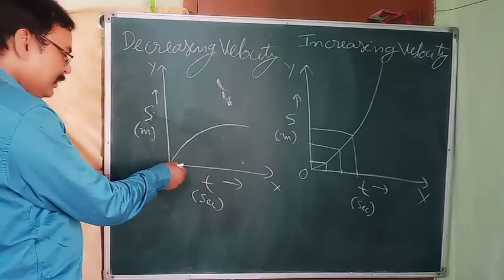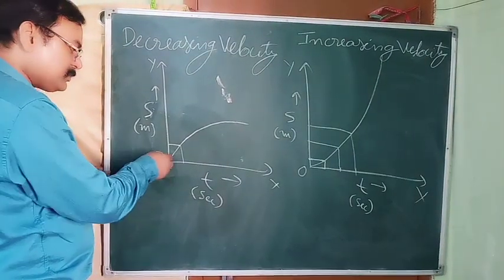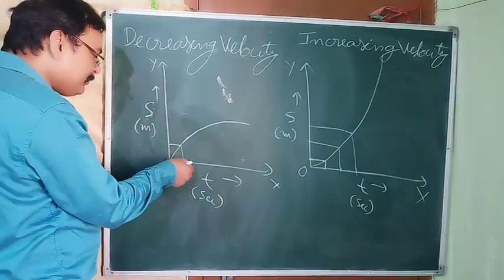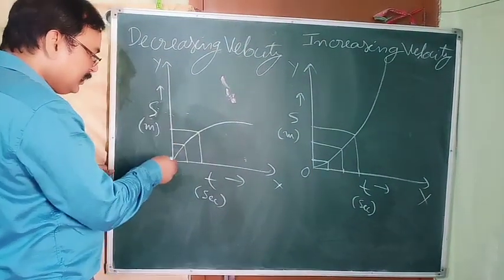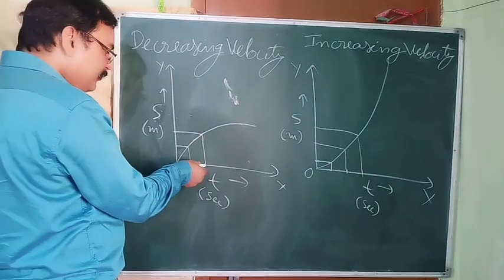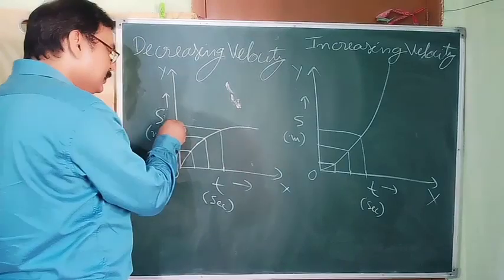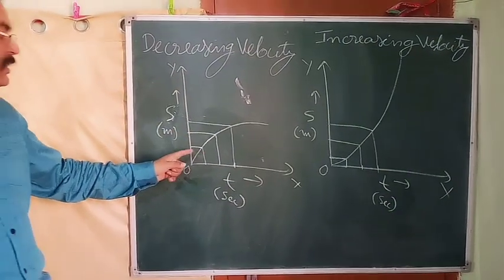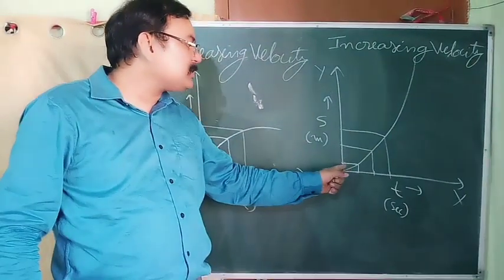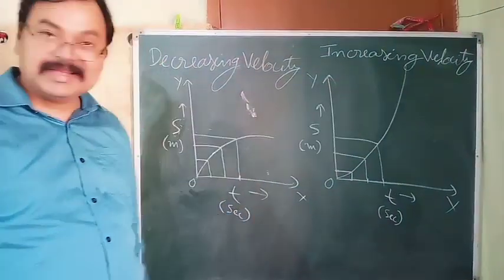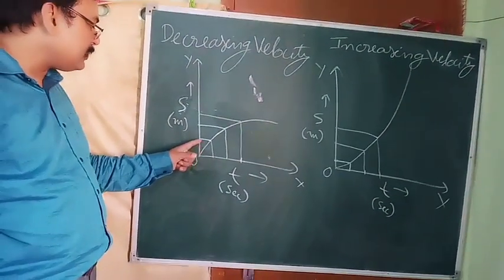Now what you find here? In the time interval you have taken, this much displacement is covered. If you take the same time interval, let's see how much displacement is covered. See, this displacement is less than this. If you take the same time interval again, the displacement covered is even less. So in this case, with the same time interval, the displacement covered is decreasing.